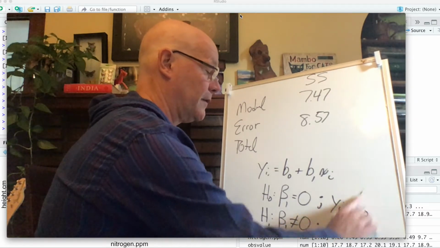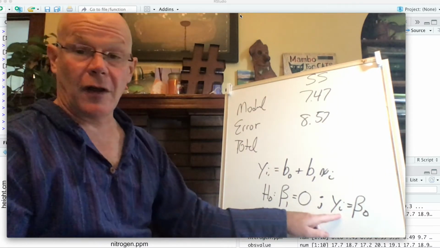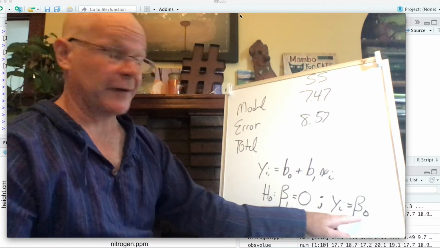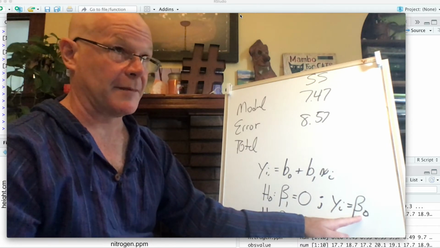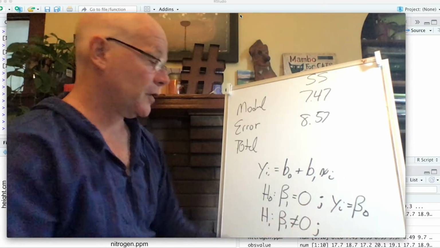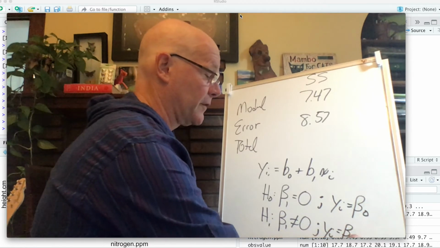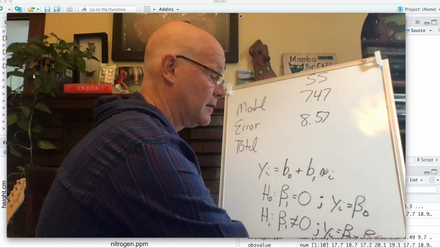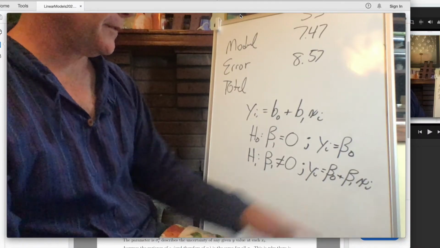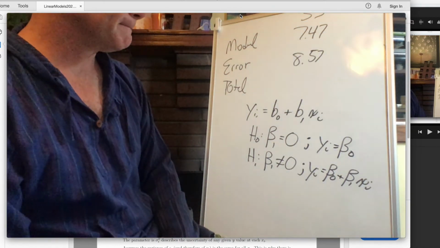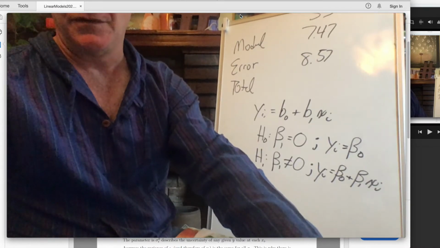Let's keep it all consistent since we're dealing with parameters. So that's our null hypothesis. The best we can do is estimate an intercept. If the slope is equal to 0, that means that the intercept is the mean. That's the best we can do. The alternative hypothesis is that our better model includes not only the intercept, but includes the slope.